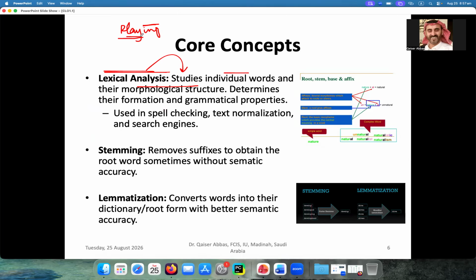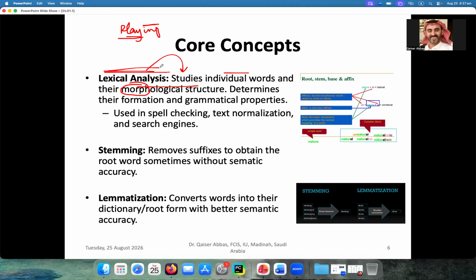If you are giving this information about the different parts of the word, this is called morphological analysis. Normally, morph means shape. A morphological analysis of a word means you are discussing different shapes, different forms of the word.